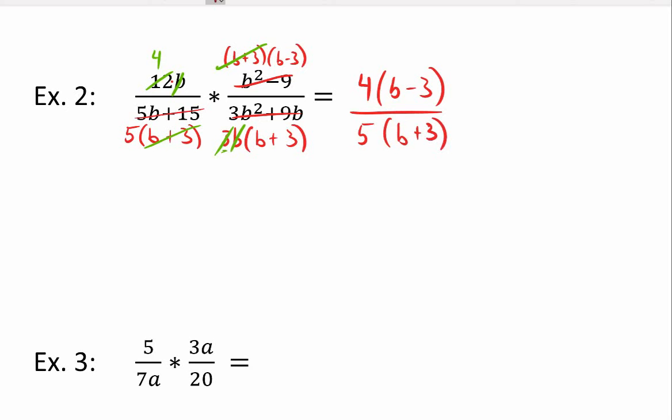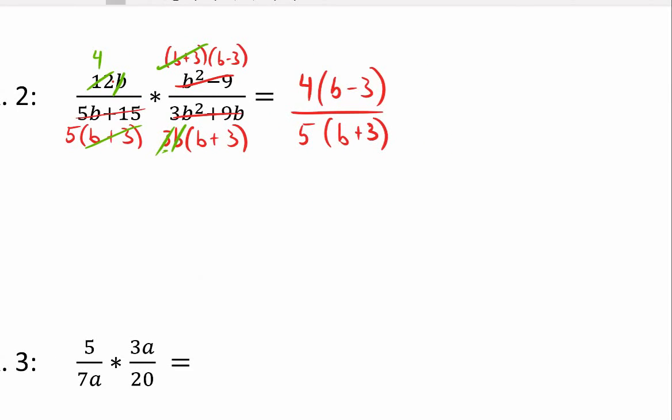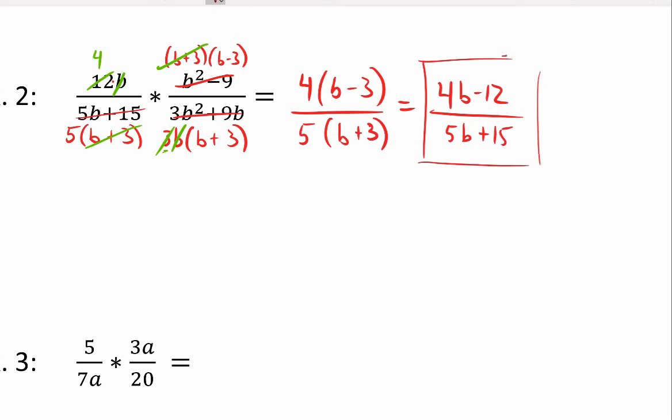And that is my fully simplified factored form. Because it did ask me to multiply in this expression, I can go ahead and multiply this if I want. If I did multiply this through, I'd have 4b minus 12 over 5b plus 15, and I could leave my answer like this. Personally, I'm fine if you leave it in factored form. I don't know that one is really better than the other, but since it asked to multiply, we went ahead and multiplied here. And that's how we would multiply these rational expressions together.